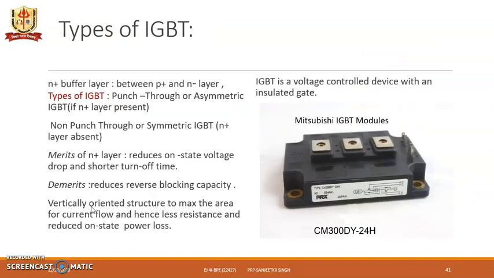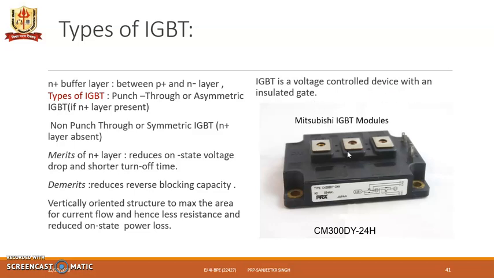We find that the IGBT is a vertically oriented structure to maximize the area for current flow, and therefore it will have less resistance, and therefore reduced on state power loss. Lesser loss will be experienced. And the IGBT, as stated earlier, is a voltage controlled device. The gating signal is voltage controlled with an insulated gate.